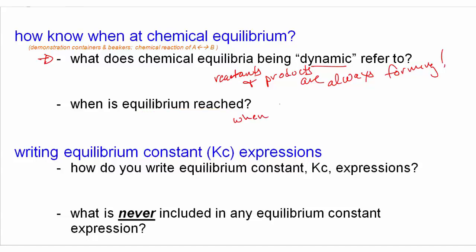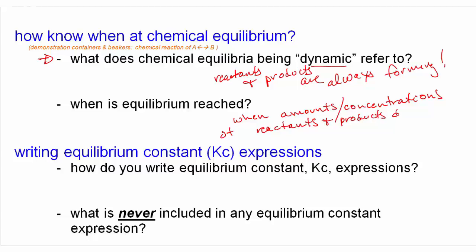That's when equilibrium is reached. When the amounts or concentrations, same thing, does not change over time. They're constant. Then you're at chemical equilibrium.